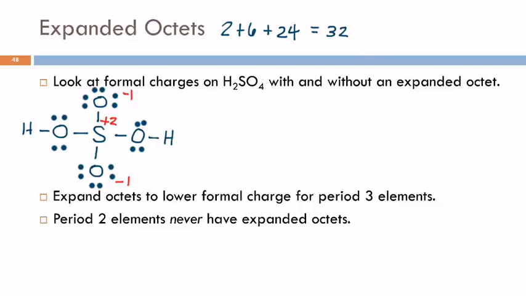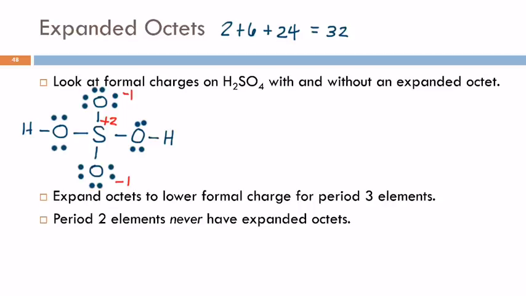Sulfur is in period 3. Sulfur can expand its octet. On the 3rd floor of the Quantum Hotel, we have another room with 5 beds in it. We can take those electrons from the 3p level and bump them up.